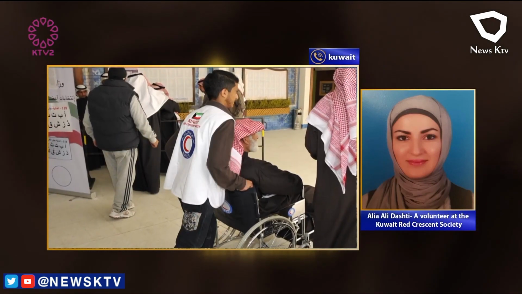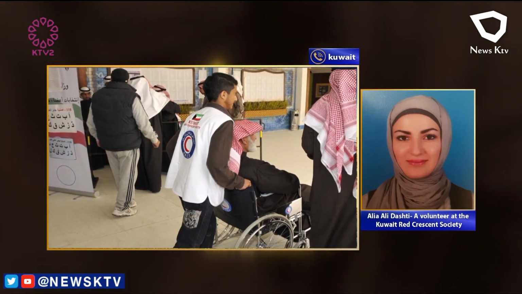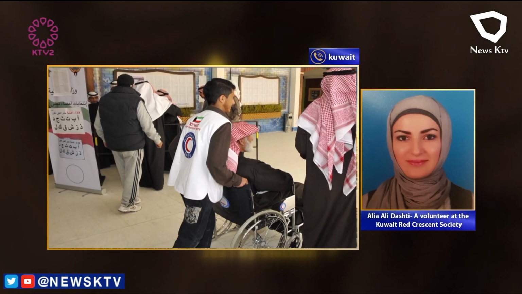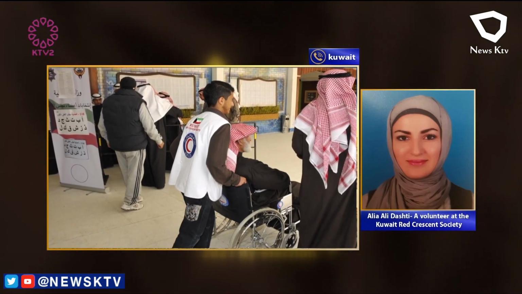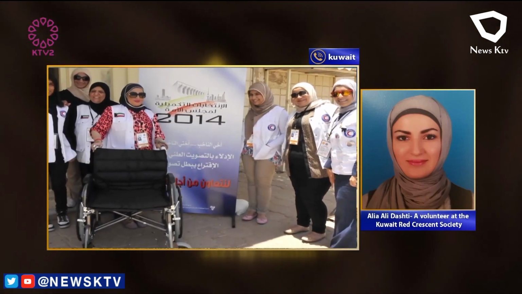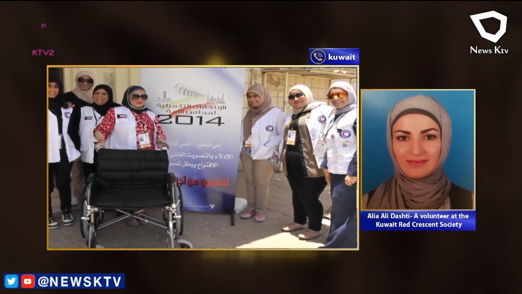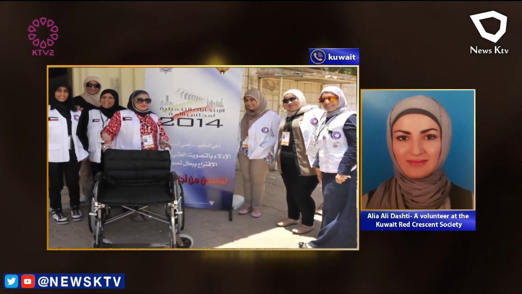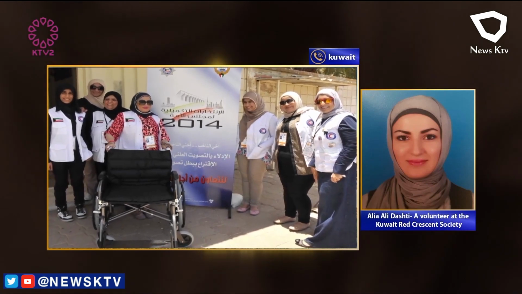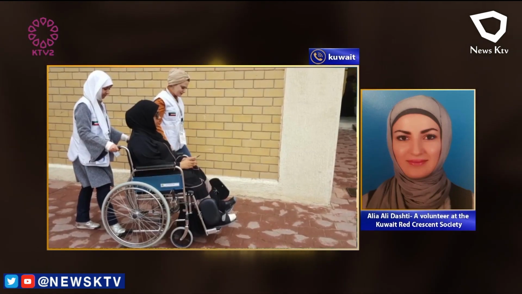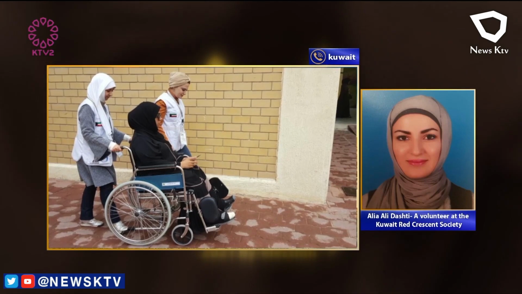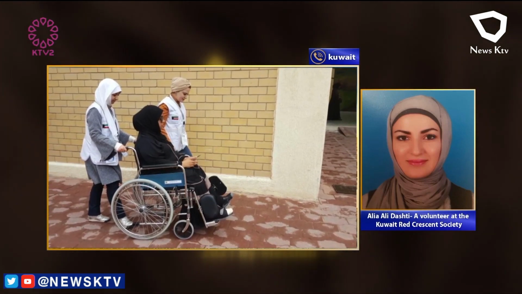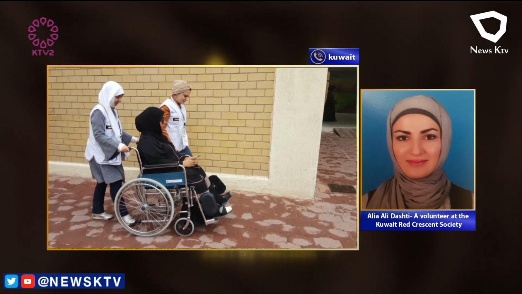Our presence basically will be to smooth out the process of elections in terms of helping the people who are going to cast their vote. So we are there for guidance, for organization, for helping the elderly. We try to guide them to the places where they're supposed to vote. Basically, we are there to give any kind of helping hand.